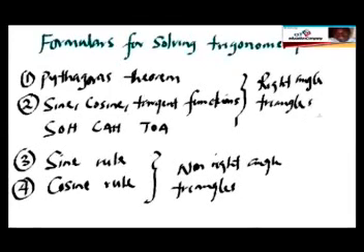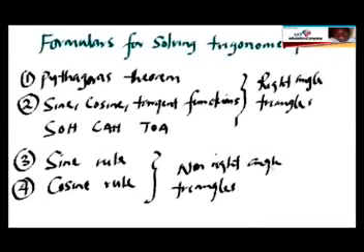So let's take it in turns. We'll be looking at how these formulas are used to solve triangular problems. Like I said, the Pythagoras theorem and the SOHCAHTOA are only used for solving right angle triangles, while the sine rule and the cosine rule are used for solving non-right angle triangles.